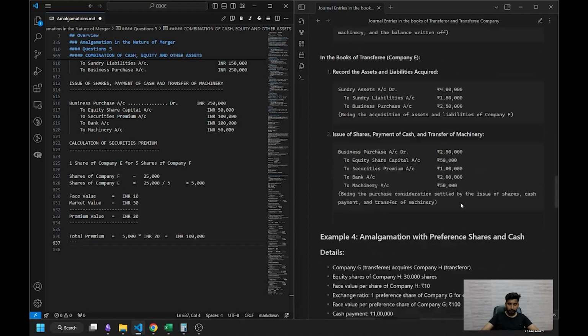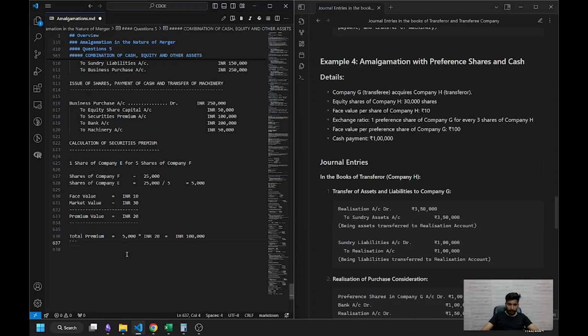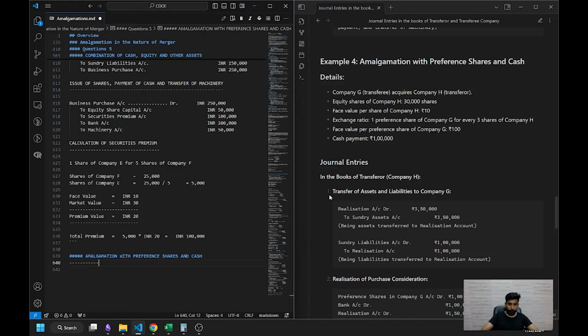Now let us just move ahead with the next scenario, that is amalgamation with preference shares and cash. How will you amalgamate the company if you have the preference shares and cash?